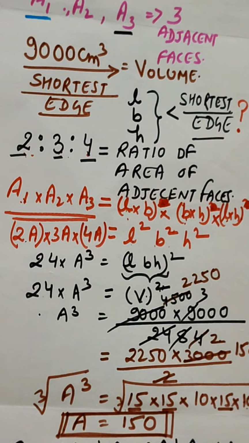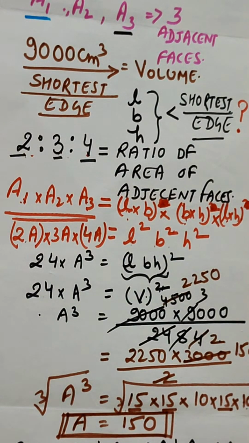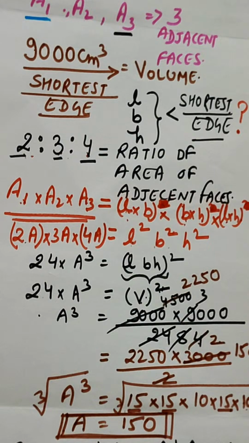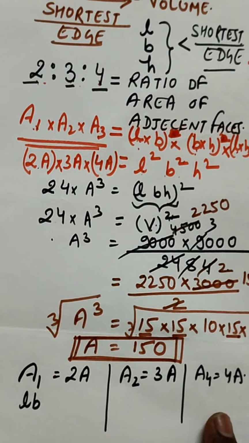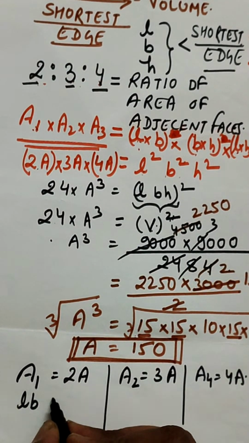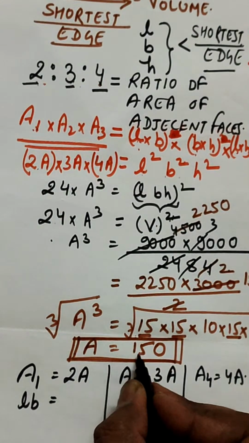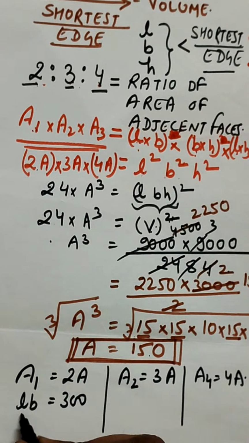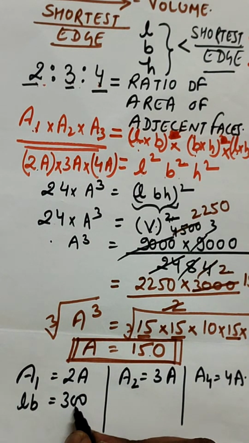Now when you put up the value of A1, this is equal to L into B, and this L into B is equal to 2 times A, and A is 150, so 2 into 150 is 300. So the value of L into B is 300.